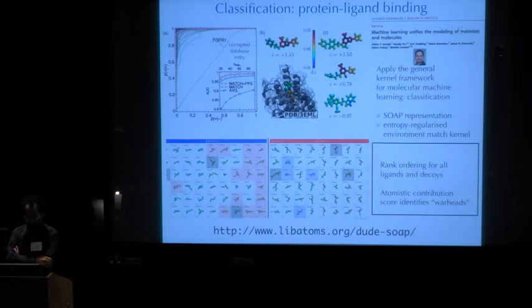You take a protein and collect from experiment whether particular drug-like molecules bind or not, and you say yes or no. Then you can ask, if I give you another 1,000, can you rank them based on that? With this SOAP kernel, this turns out to be really quite successful.